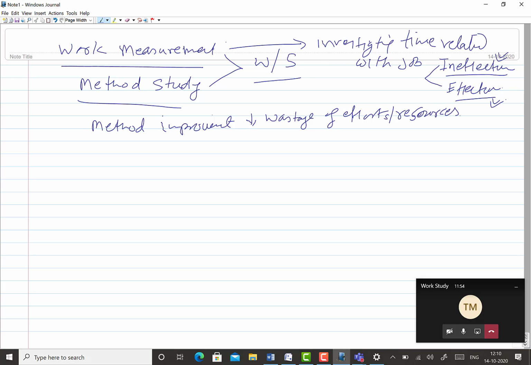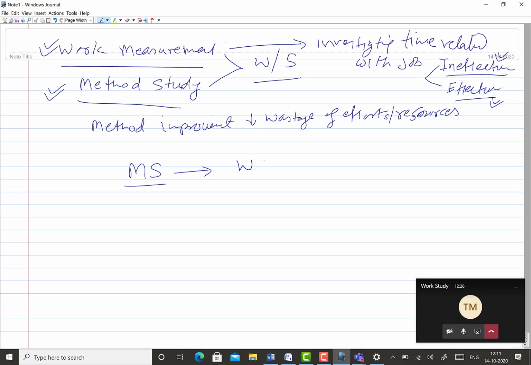But as I have talked earlier, when we were talking about the work study and the introduction to the method study and work measurement, for any improvement, both these techniques are complementary to each other. It's not necessary that, okay, from the method study you have developed some method, now you are in the process of setting the time standard.